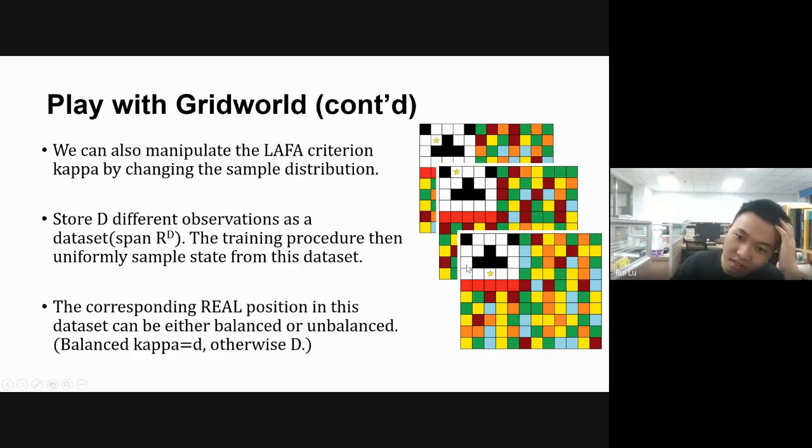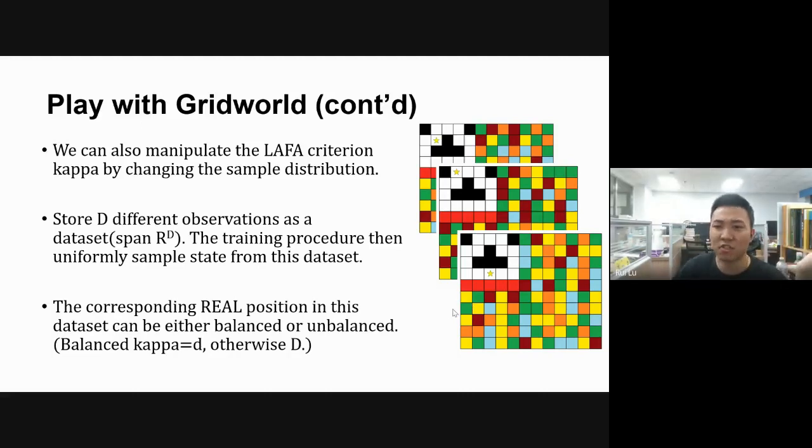So the problem is whether this real position is balanced. For example, in a balanced version, each real position of the agent appears approximately capital D over d times. So it just appears at roughly the same frequency.